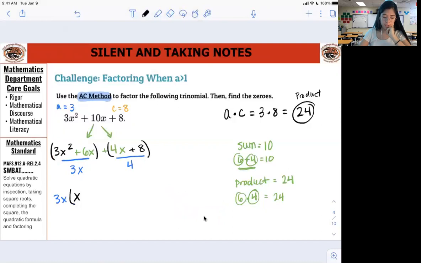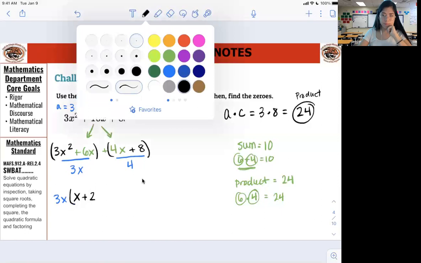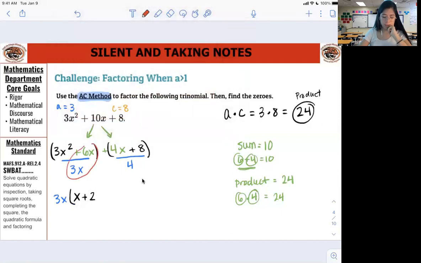Then, on the other hand, 6x divided by 3x, what does that leave me with? So 6 divided by 3, I get 2. But what happens to the x's? Here, I'll do this one separately as well so you can see it. 6x divided by 3x.